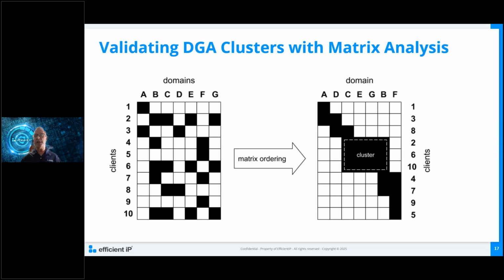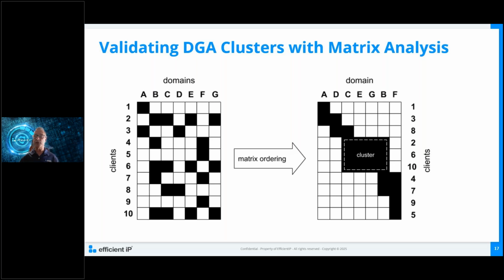The association between domains generated by DGAs and clients can be established using a combinatorial technique, such as matrix reorganization. Simply put, in a matrix where domains are represented by columns and clients by rows, columns and rows are rearranged to aggregate the association.